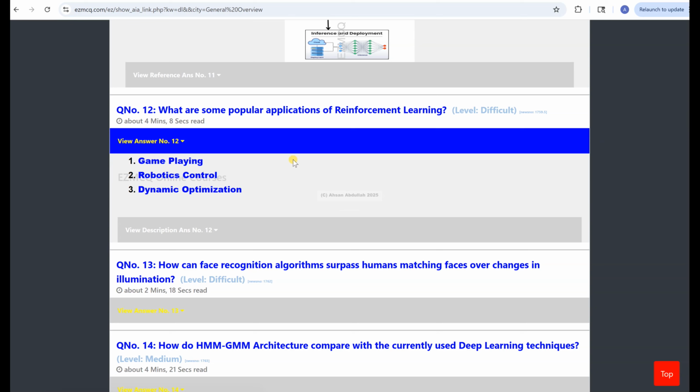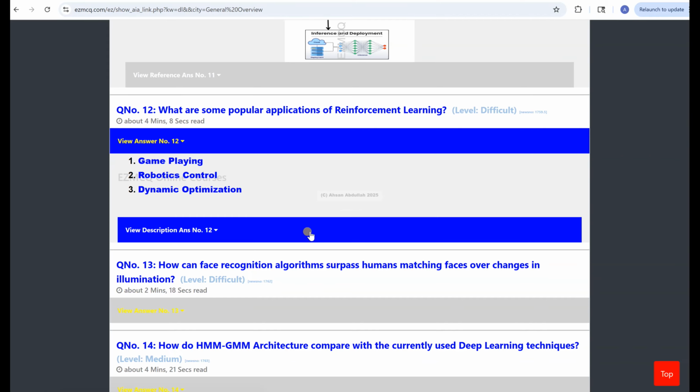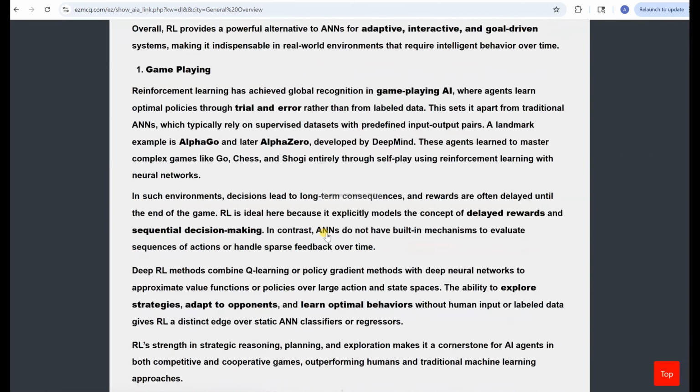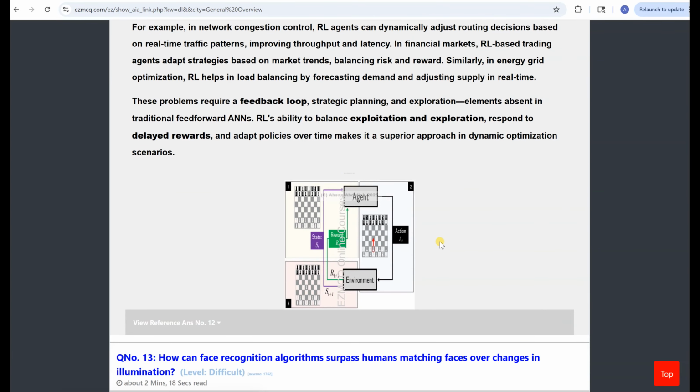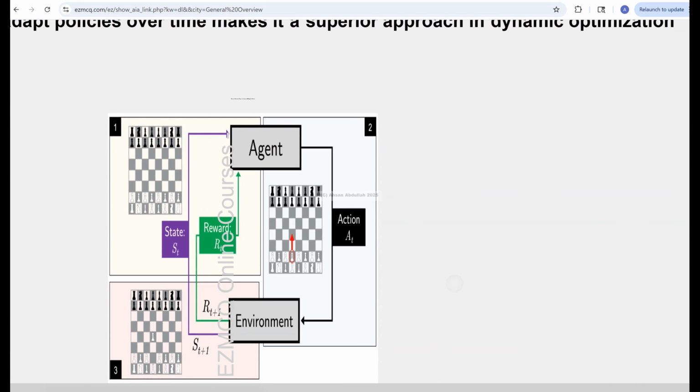So then there is robotics control. Game playing. Let me show you a picture that I have over here. This picture basically is reinforcement learning. So we have the states and we have the reward, which we discussed before, and we have the environment.